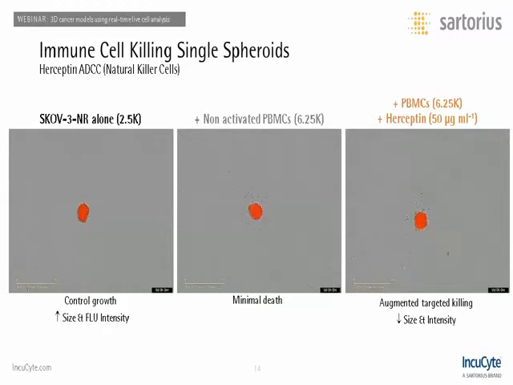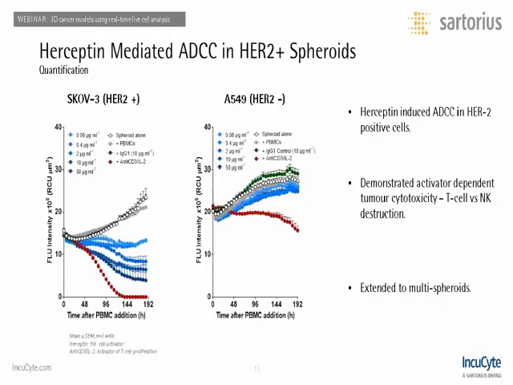In stark contrast, activated PBMCs display enhanced and targeted killing of the spheroid, and this is manifested as a loss in fluorescent signal and lack of growth of the spheroid. So all these phases of immune-targeted death that I've just described can be easily quantified on the IncuCyte S3.